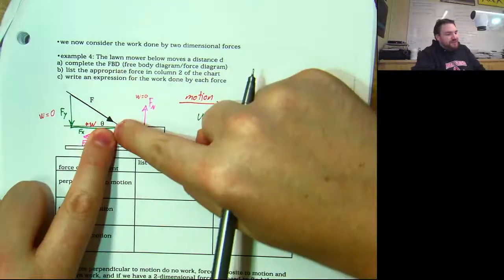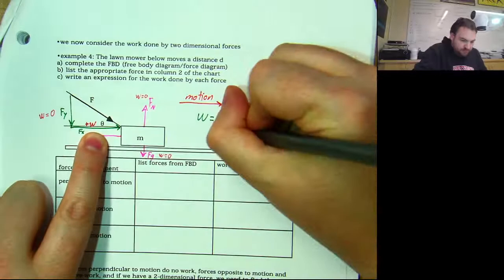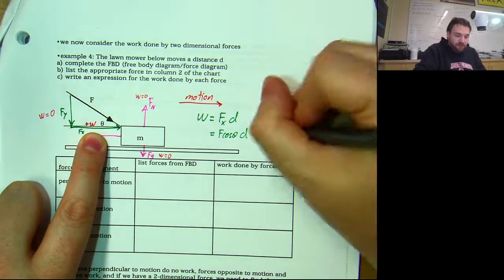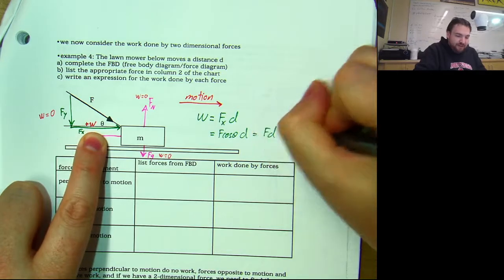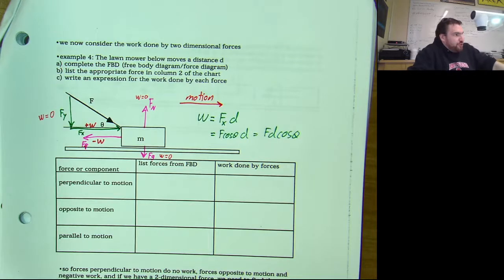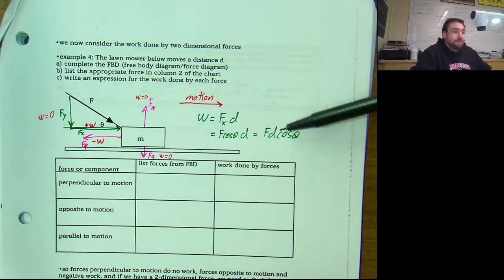Fx is just F cos theta, which is where we get that formulation that I gave you already. Work equals FD cos theta. It's also going to be the expression for the dot product, which you're going to look at next year too. So all these things get related different mathematical ways. But that's where this expression is coming from here.